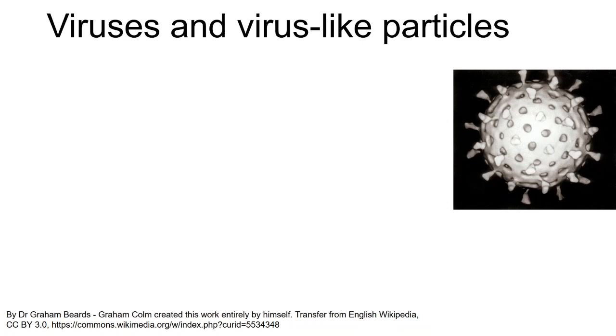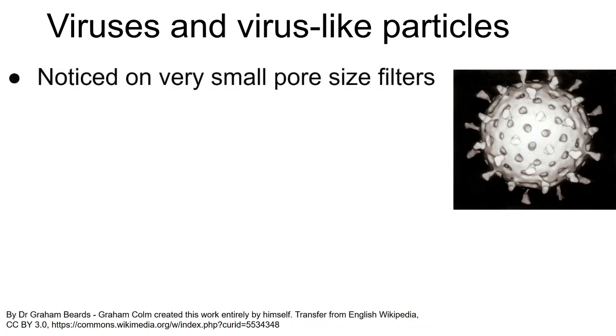Viruses, as a part of aquatic ecosystems, were recognized when people started to think about things that were showing up on very small, pore-sized filters. As people were studying aquatic environments, they noticed these small particles and that viruses were making up some of the small particles they were collecting.